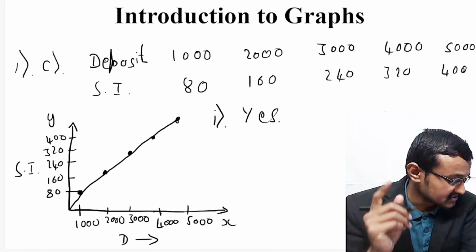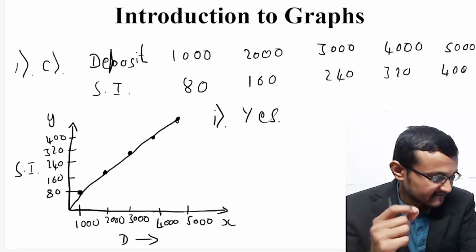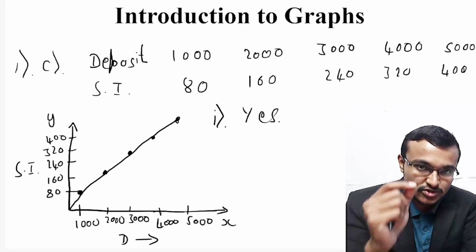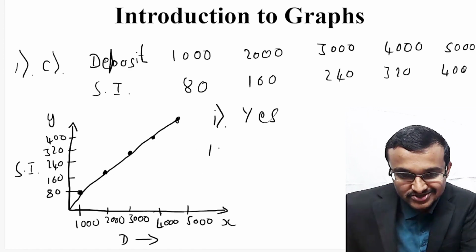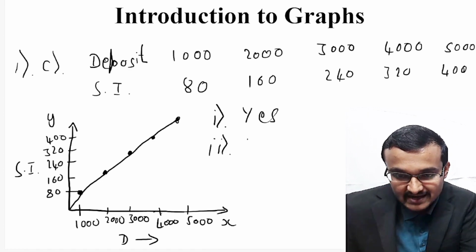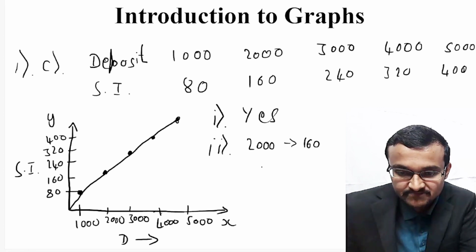Coming to the second question, they have given: use the graph to find the interest on 2500 rupees for 1 year. We know that at 2000 rupees the interest is 160 rupees, and at 3000 rupees the interest is 240 rupees.